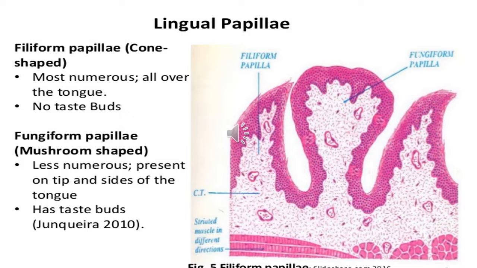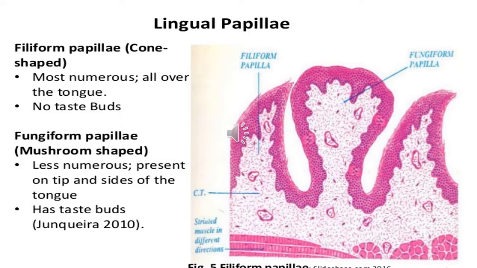Now coming over to the lingual papilla, they are formed of a central core of connective tissue along with blood vessels. As you can see in the diagram, it is showing papilla of different shapes, and in the center you can see connective tissue along with blood vessels, and deep to it is the striated muscle running in different directions.